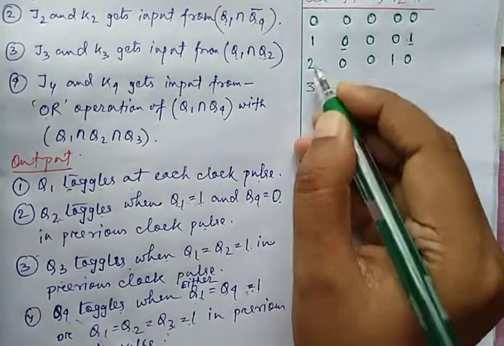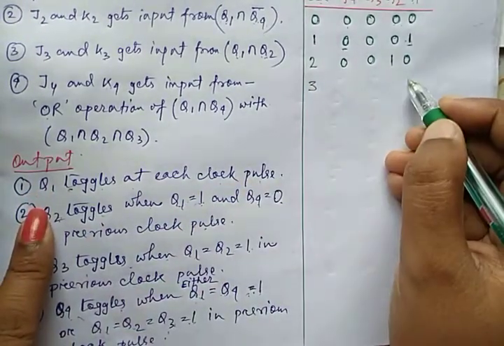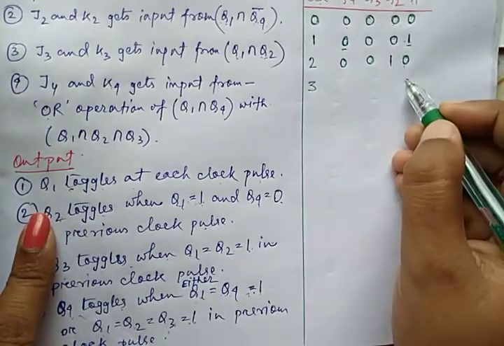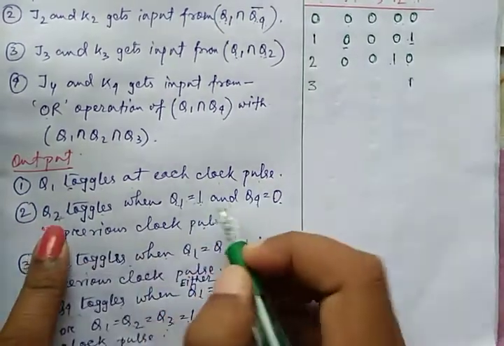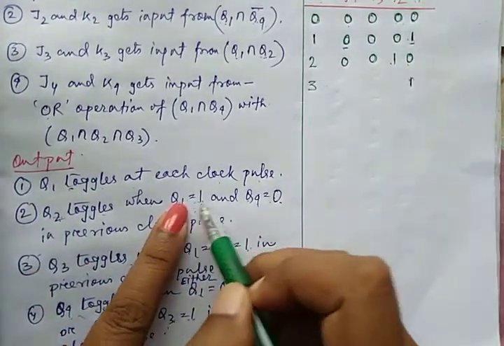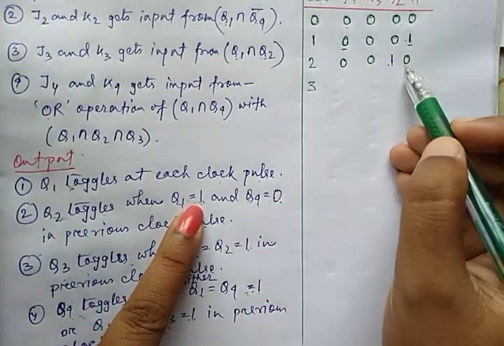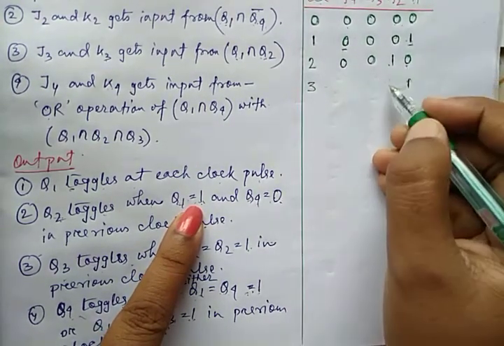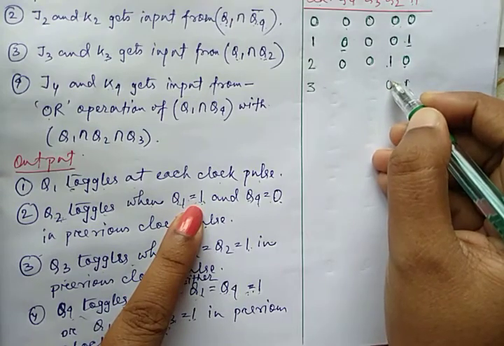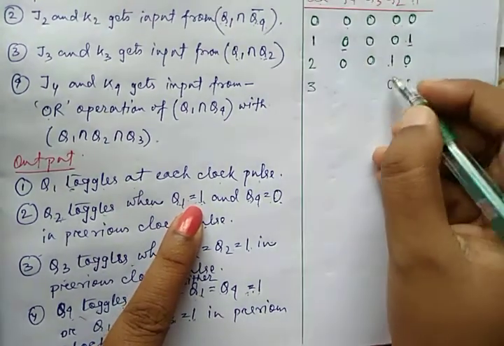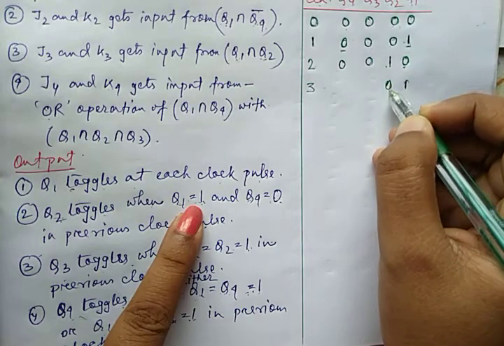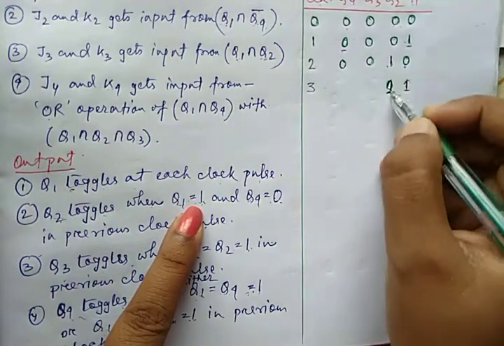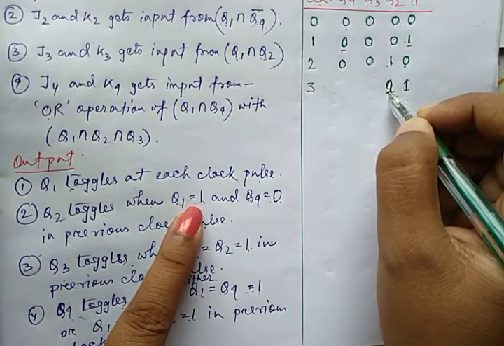Now for the third clock pulse, Q1 changes; previous was 0, now it will be 1. Q2 changes when Q1 is 1 and Q4 is 0. Here Q1 is 0 and Q4 is 0, so it will not change. Q1 has to be 1 in order to change, so it stays as it was in the previous one; previous was 1, now also 1.